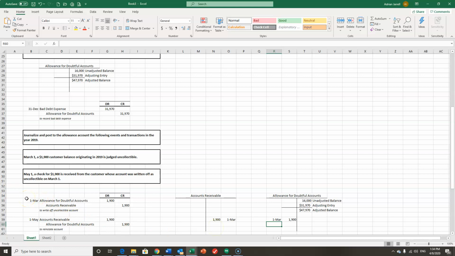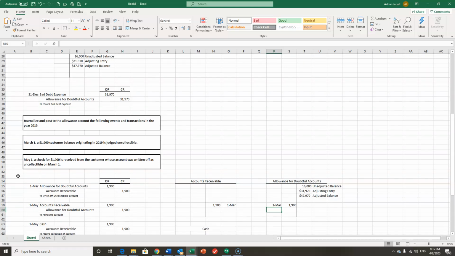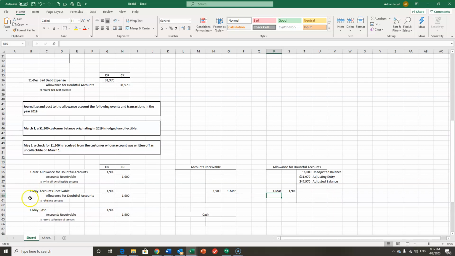The next one is not too hard either, really. It says a check for $1,900 was received from that customer, and we're going to record the collection of what we thought was an uncollectible account. You do that in 2 steps. The first step is to reinstate the account in accounts receivable.